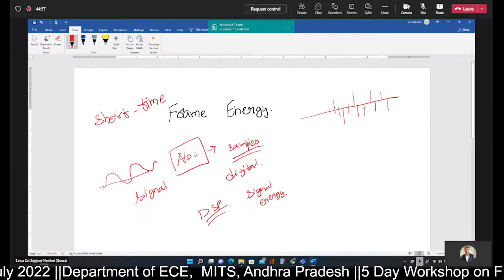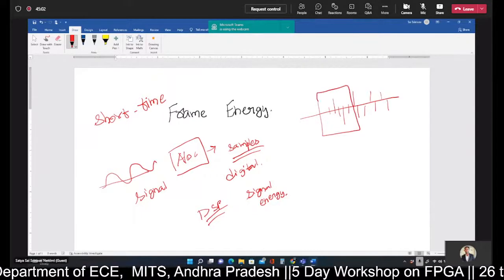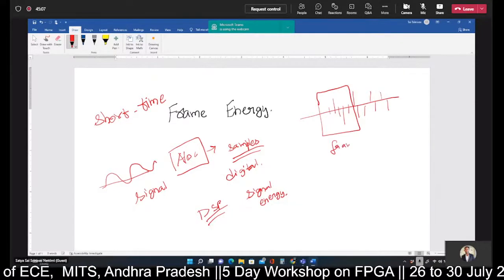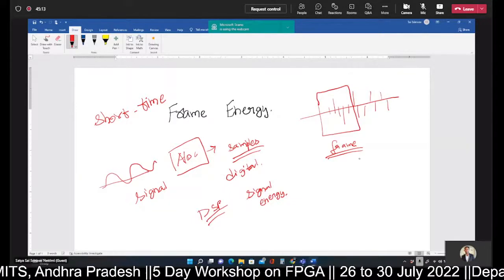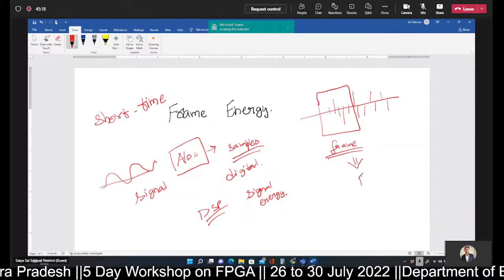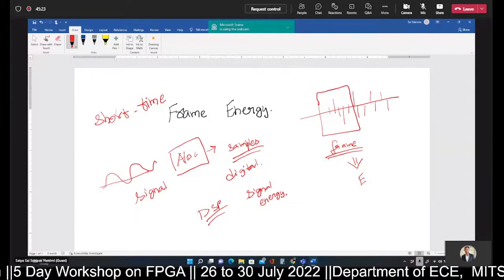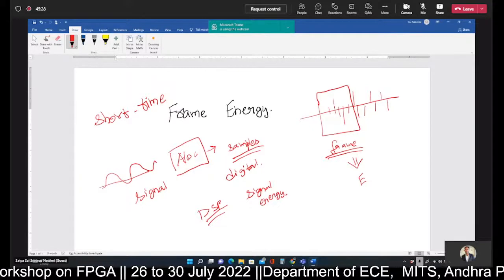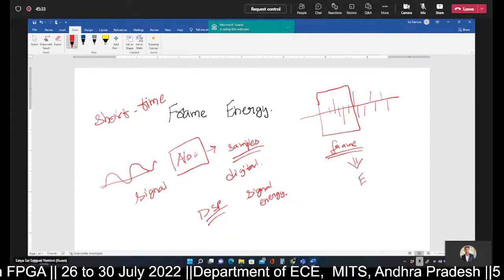Once you get digital samples of a speech signal, we take only a block of samples. That block is called a frame, and for that frame there is one important parameter called frame energy. Generally for speech signals, when a continuous speech signal is converted into digital format, we get continuous, discrete samples.